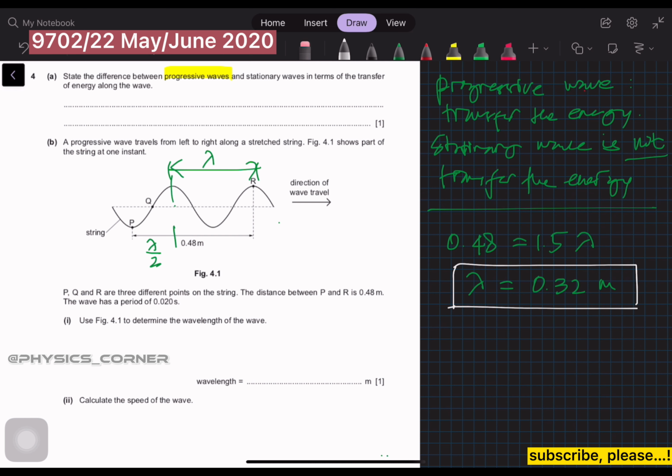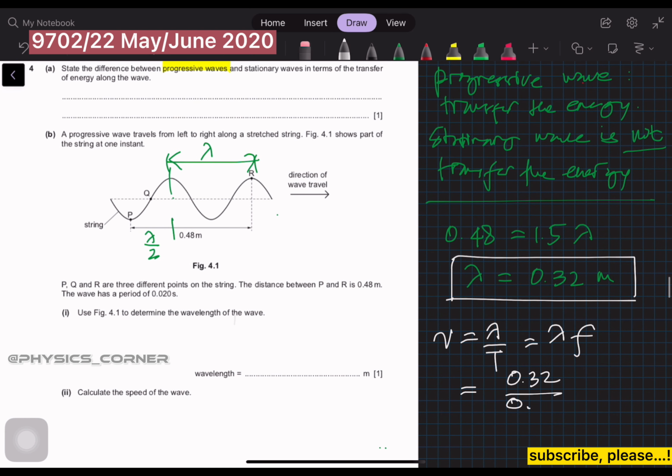Then the second one, calculate the speed of wave. The speed of wave v equals lambda over T, or sometimes lambda times f. But because we already have a period of 0.020, we use lambda over period. Lambda is 0.32 divided by 0.02.